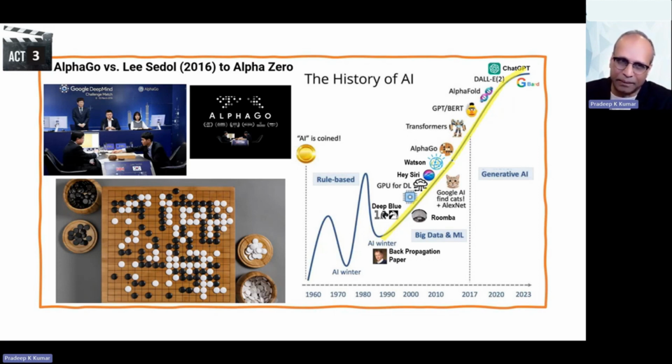Unlike chess, the number of moves possible on this game board is more than the number of atoms in the known universe. It is a popular game in Asia, in China, in Korea, and Japan. A company called DeepMind developed a program that basically trained itself on online gaming.